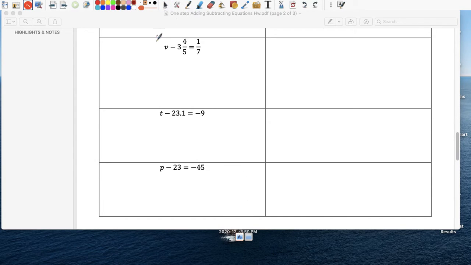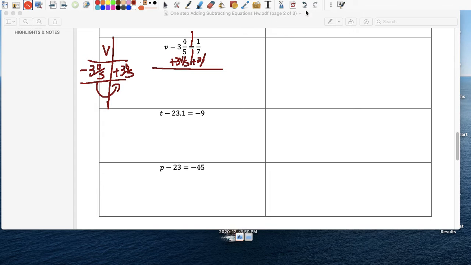So here's my variable v. What's happening to it? Somebody subtracted 3 4/5. So to undo that, I'm going to add 3 4/5 to both sides. So I'm going to divide it into halves, left and right. I'm going to add 3 4/5 here, and I'm going to add 3 4/5 over this side. So those go away.